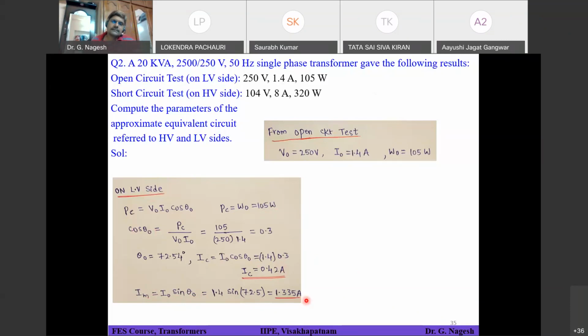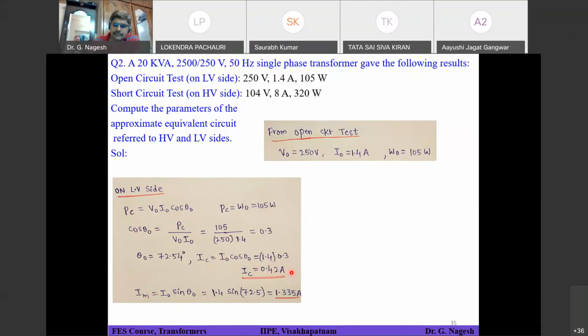Once you know IC, what is the formula for RC? Sir, V1 by IC. E1 by IC will give you RC. So in the present case, V1 is nothing but V0, which is nothing but E1. So 250 divided by IC, whatever you have calculated, 0.42.